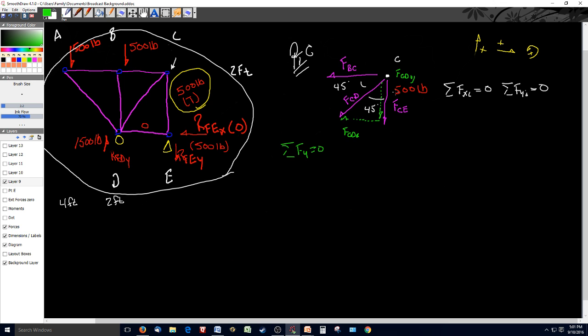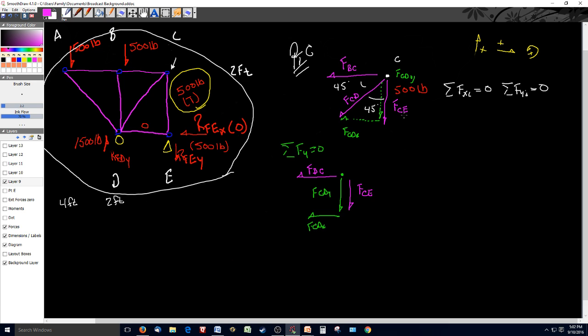It's important for us to understand that concept, because what I really have at point C now is a vector that looks like this, FCDY, and a vector that's added to it, FCDX. And now I can put in here my FBC, and I can put in my FCE.